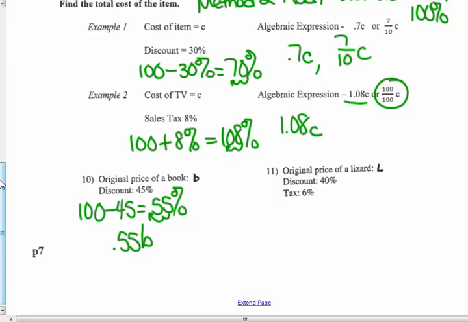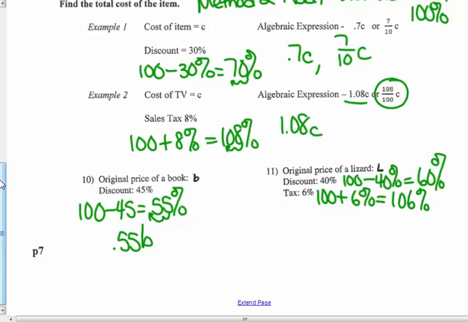Number 11, the original price of a lizard. You're going to buy a lizard at the pet store. The discount's 40%, but the tax is 6%. Well, the discount, you save it, so you subtract a discount, which would give me 60%. The tax gets added, so 100 plus the 6% tax would be 106%.